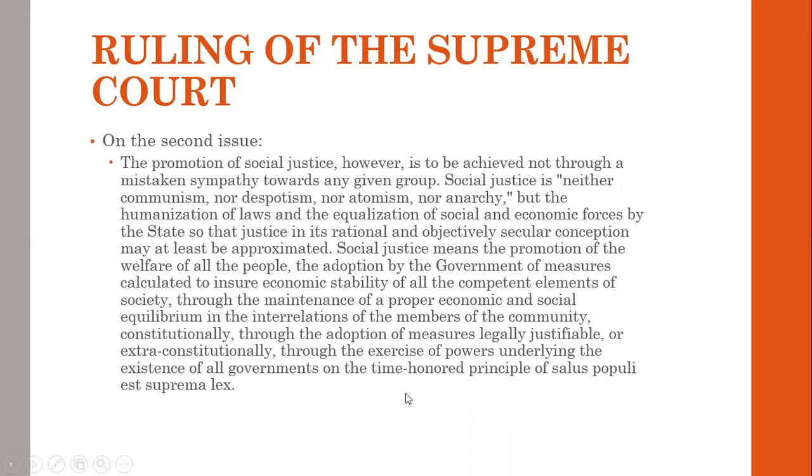So this is a definition given in this case of Calalang versus Williams. So, when you say social justice, it means the promotion of the welfare of all the people.